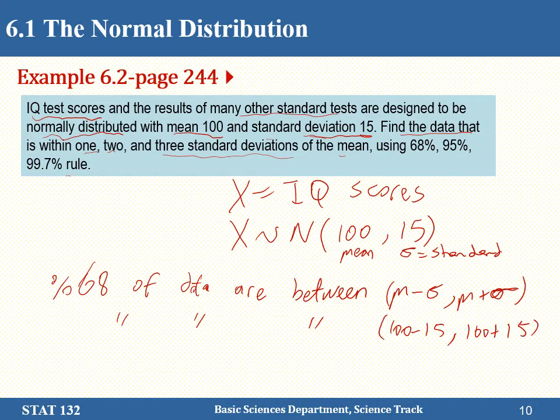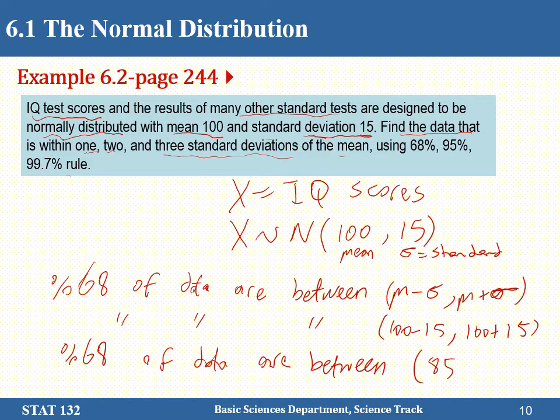So we can say 68% of data, or the exam scores, are between 85 and 115.